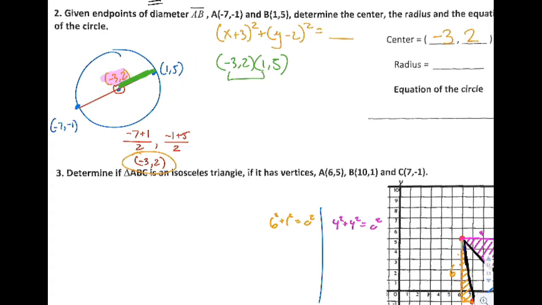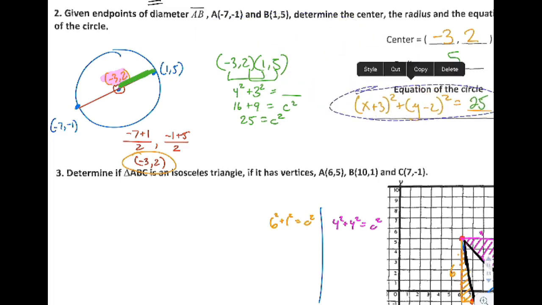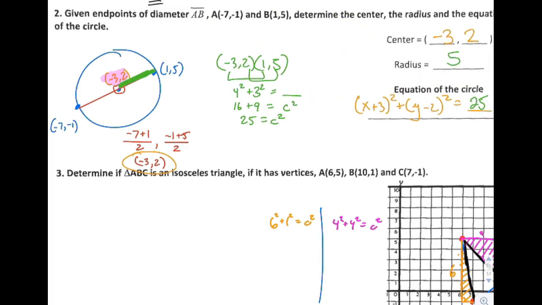The distance between -3 and 1 is 4. The distance between 2 and 5 is 3. 4 squared is 16. 3 squared is 9. So the end of the equation is a 25, which means the radius is 5, and the equation of the circle is right there. So we found the midpoint, which is the center. Then we used a center and one of the ends to find the radius and the equation.